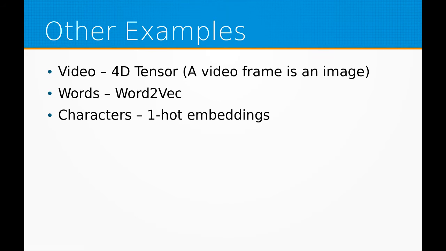For example, if the letter is A, the first dimension would be 1, so it will be 1 followed by 25 zeros. Or if it's Z, the last one would be 1, preceded by 25 zeros. So that's a one-hot embedding. Usually it's used for character representations, but it has its own pitfalls, because to represent one character you need 26 bits, which is a lot of wasted memory.